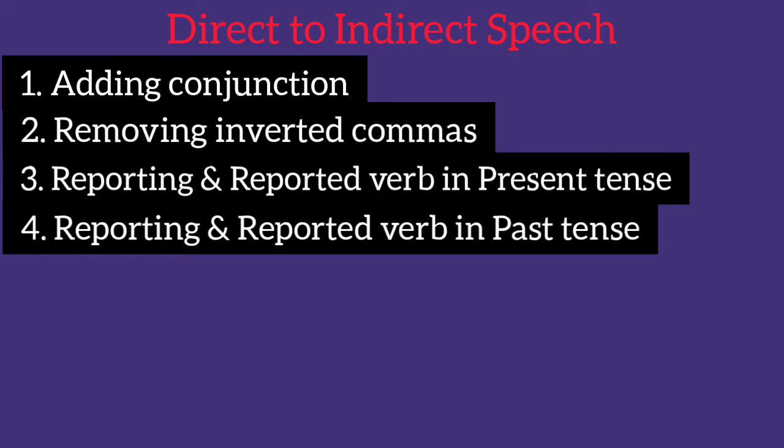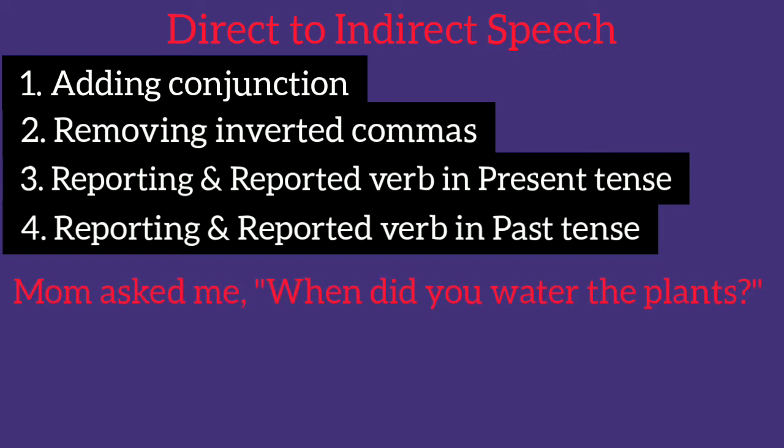Next, Mom asked me, "When did you water the plants?" As you notice here, the reported part has WH question. So, as by the rule 1, there is no conjunction for WH question. So, you no need to add any conjunction in this case.